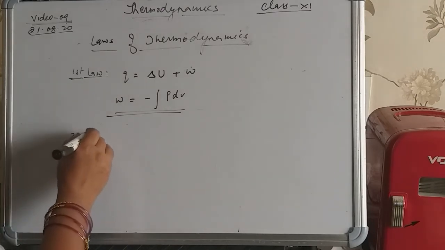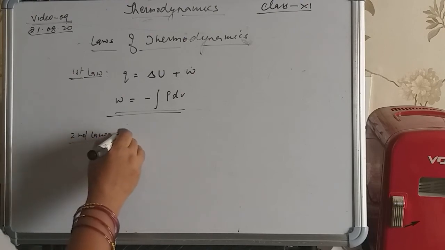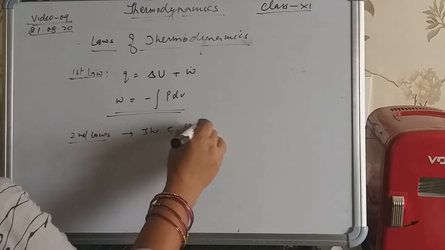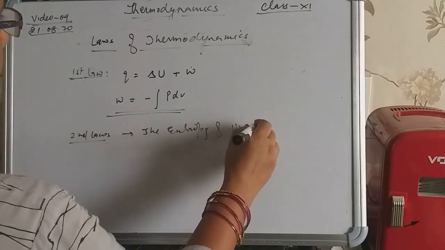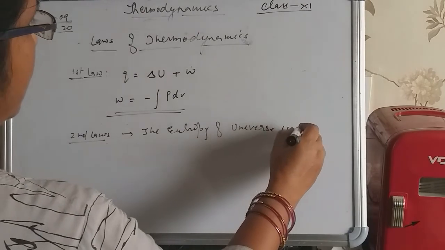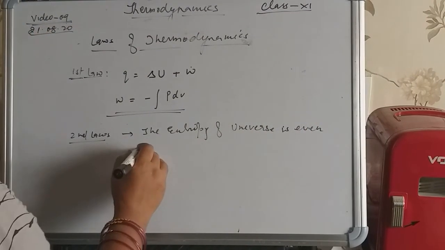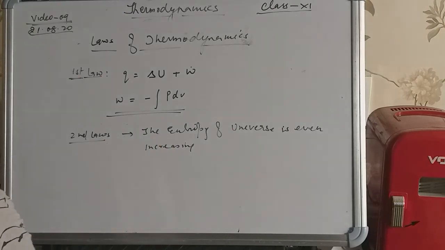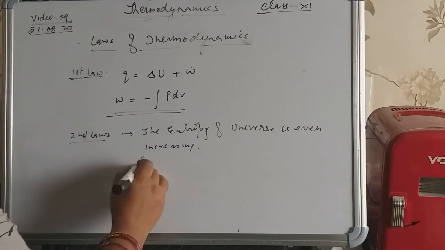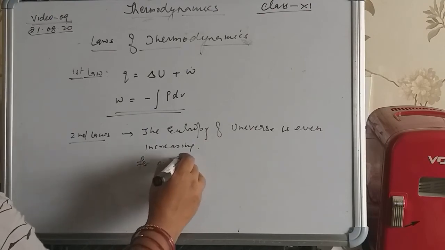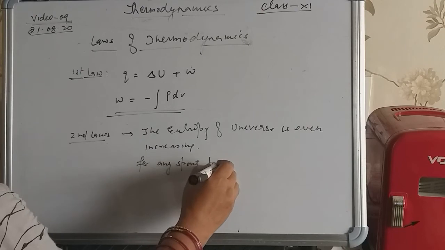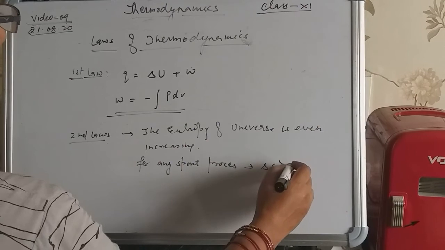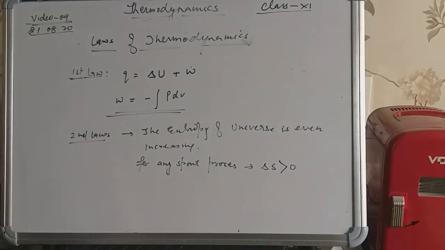The second law of thermodynamics states that the entropy of the universe is ever increasing for any spontaneous process. The change in entropy must be greater than 0.